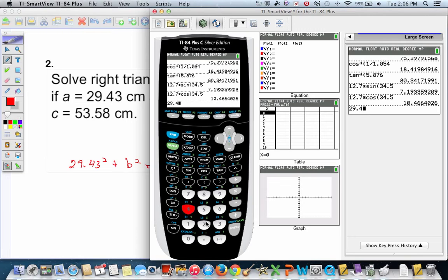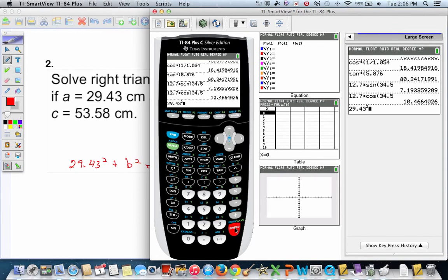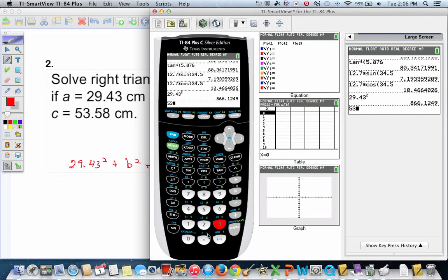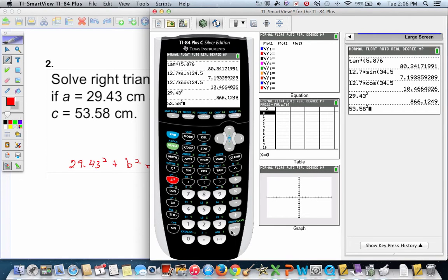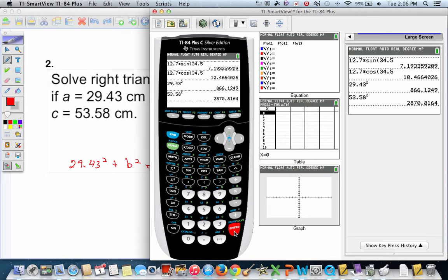We have 29.43 squared, which equals 866.1249. We have 53.58 squared, which is 2870.8164.